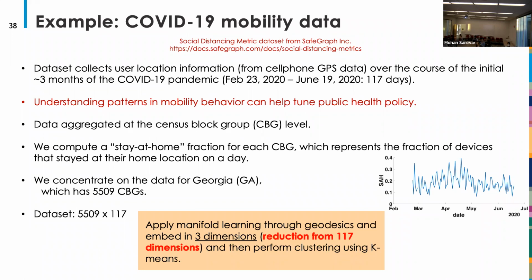So the data set is 5,509 by 117. So it's 5,509 CBGs, and each CBG has 117 days for which you compute the stay-at-home fraction. So how many people in that CBG stayed at home or in their CBG on that day?